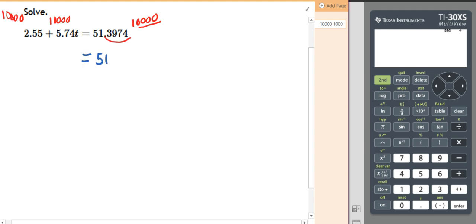So we have 513,974. On this one, you have to move the decimal to the right 4 places. 2 places is here, so you're going to have to add 2 more zeros.